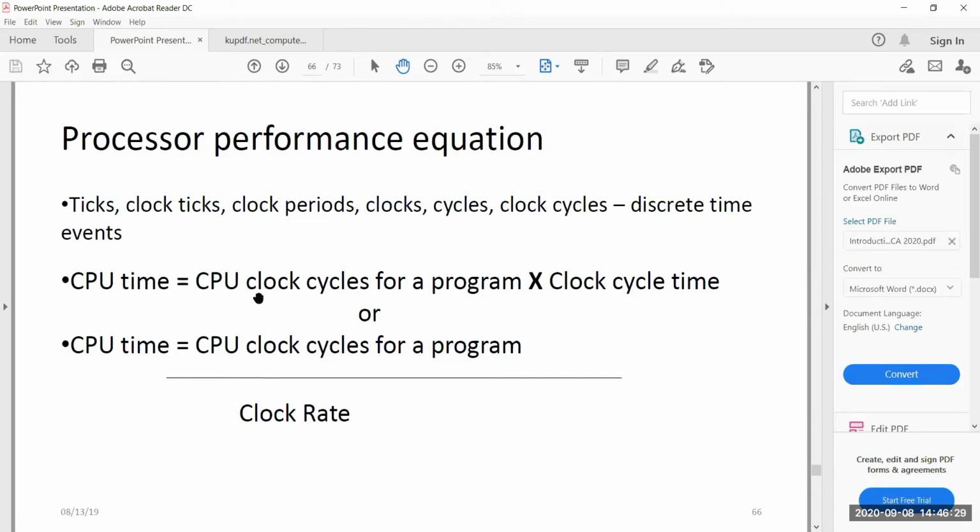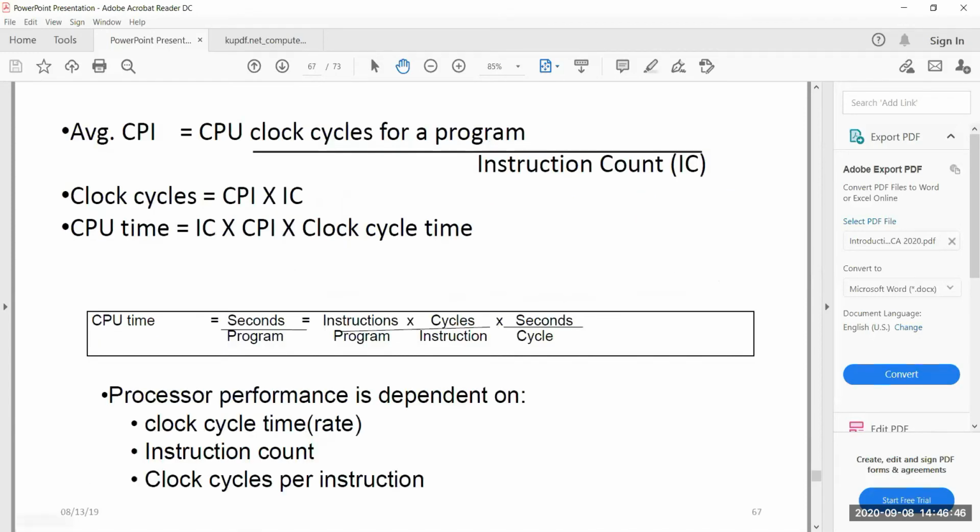One is the number of clock cycles the program takes times the clock cycle time. The other way is that the clock cycle time is the inverse of the clock rate, so you call it total CPU clock cycles for a program divided by clock rate.